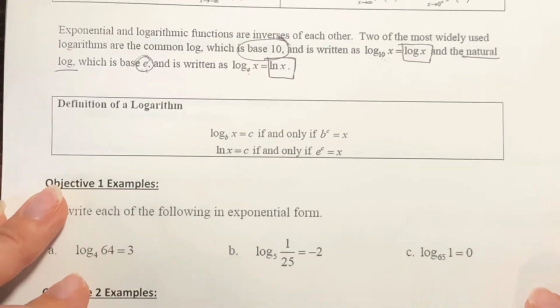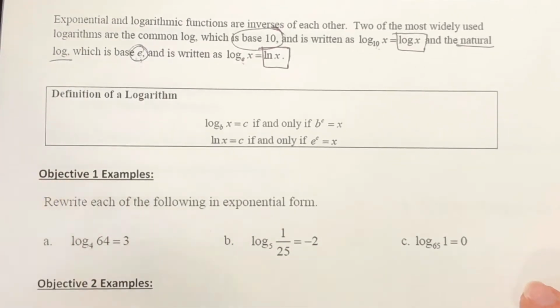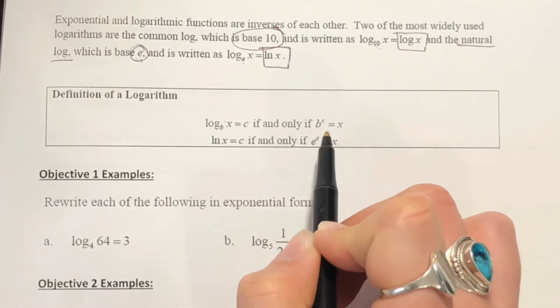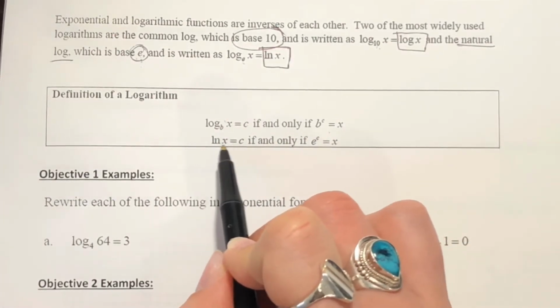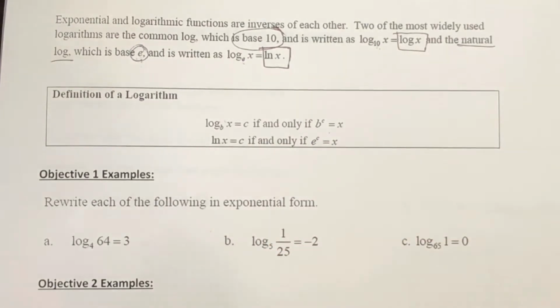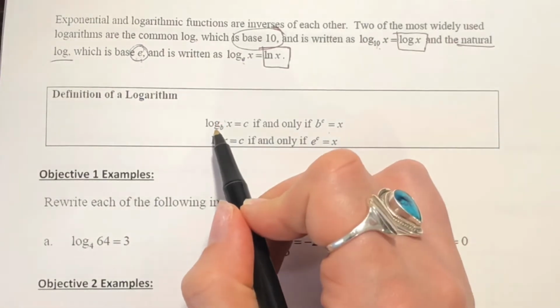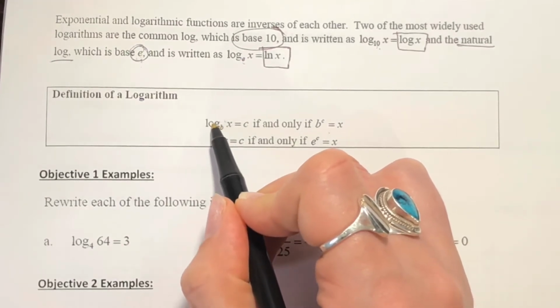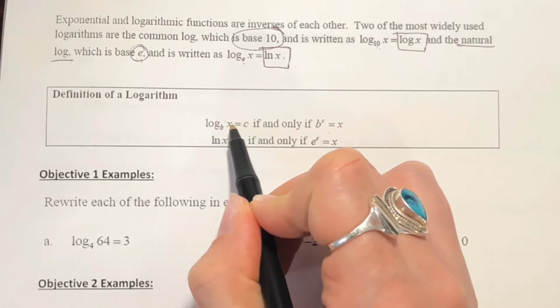But today, one of the things we're going to talk about is going back and forth between log form and exponential form. And that also works with going back and forth if you have a natural log and an exponential with base e. So if we have a log, remember there's this little base subscript. We say log base b of x equals c.